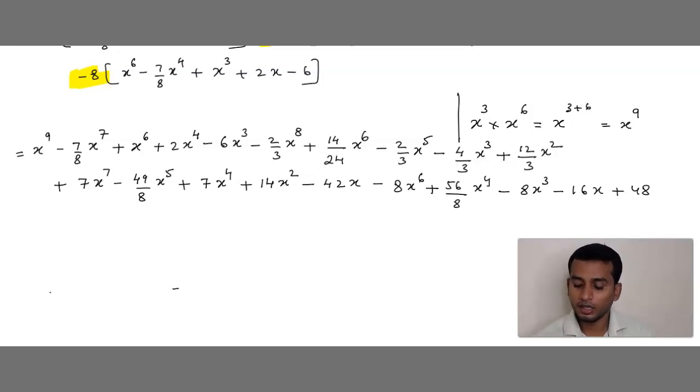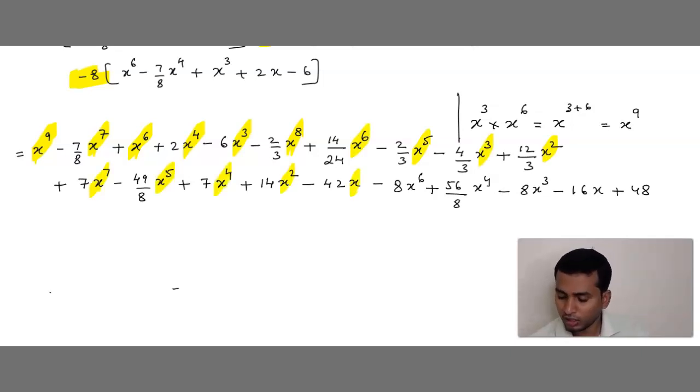Now just look at the powers of x, because this question asks for the degree. They are asking us to find the degree of the polynomial. Here we have x power 9, x power 7, x power 6, x power 4, x cube, x power 8, x power 6, x power 5, x cube, x square, x power 7, and so on. Here only x power 1. Here x power 6, x power 4, x cube, only 1x.